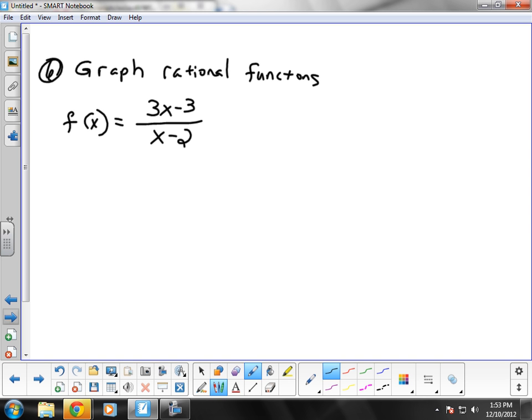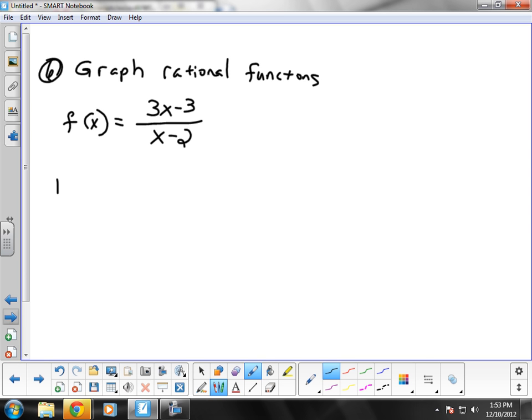Because what your calculator does is it plots points and then it drags a line between them. And so a lot of times the asymptotes kind of throw things off because I've got this weird line dragged between 2 points that aren't really connected. So be real careful, and we have to find those things by hand. Then I can use my calculator to get the other points that I need to kind of fill it in.